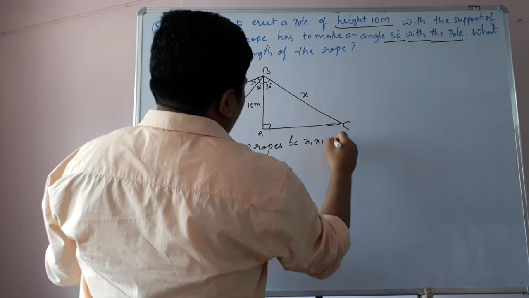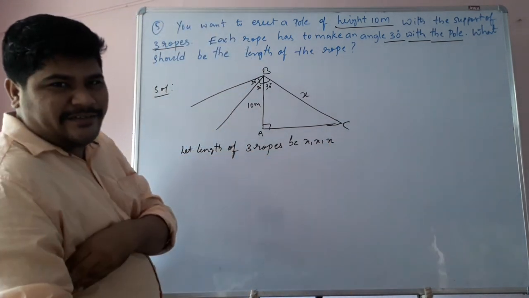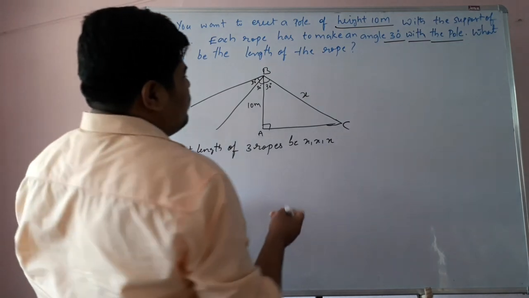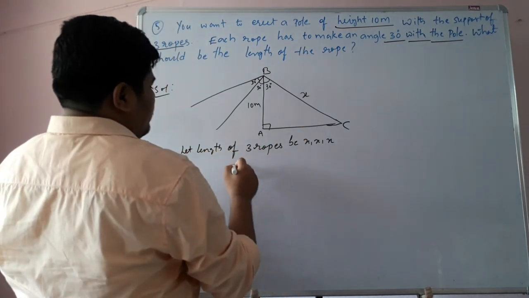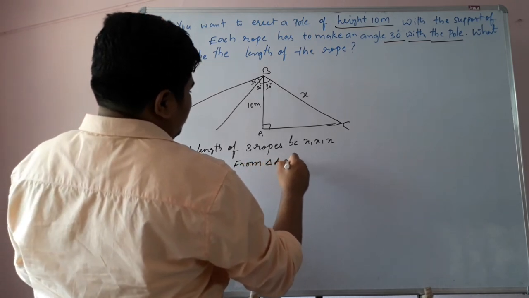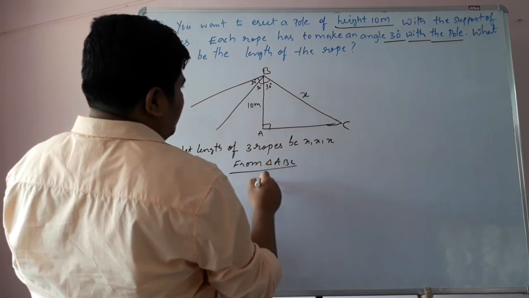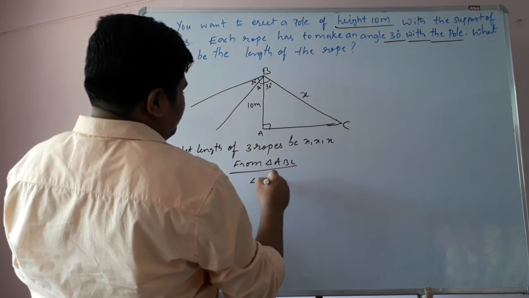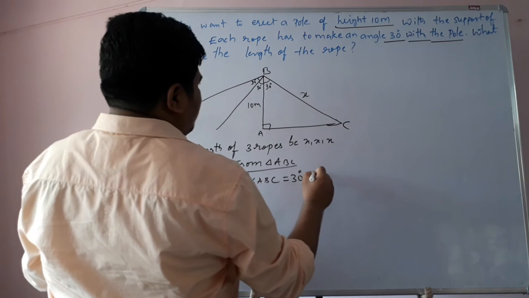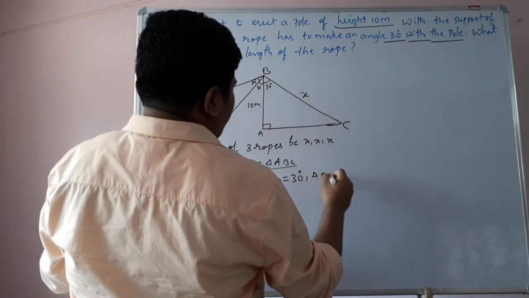First, let the lengths of the 3 ropes be x, x, x. Three are having the same length. Now in triangle ABC, angle ABC is given as 30 degrees, and AB is given as 10 meters.